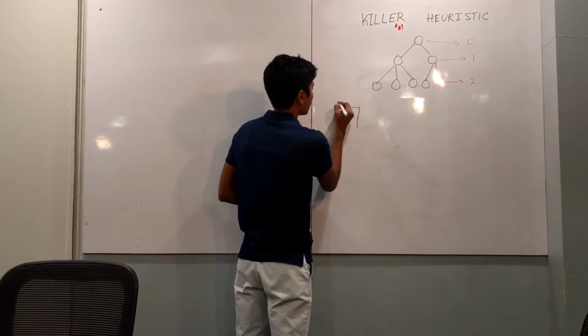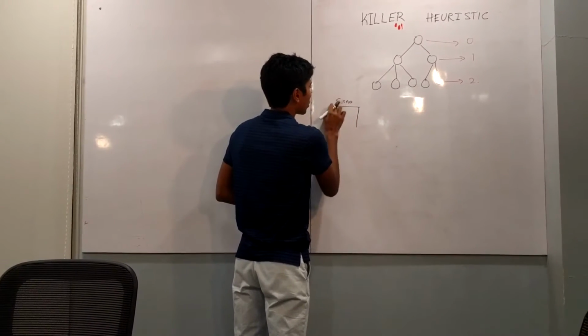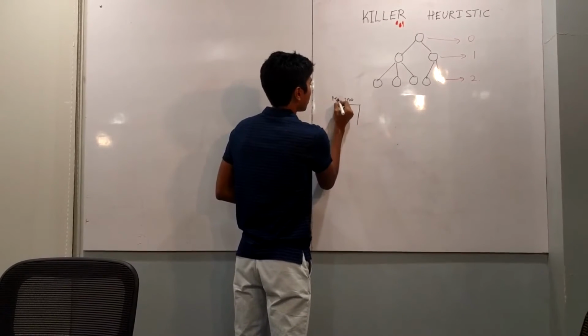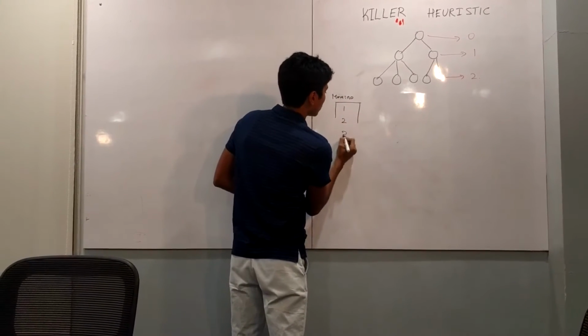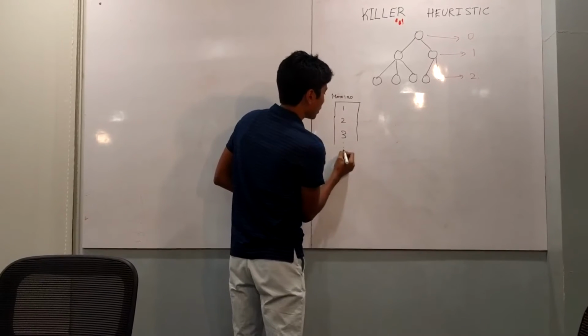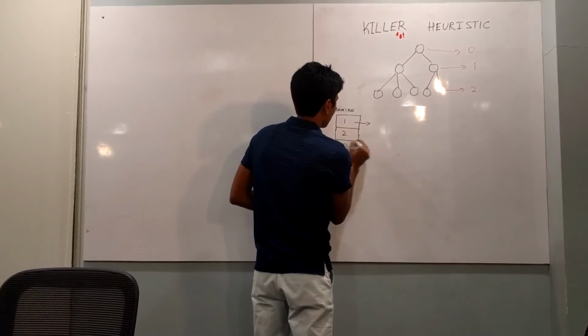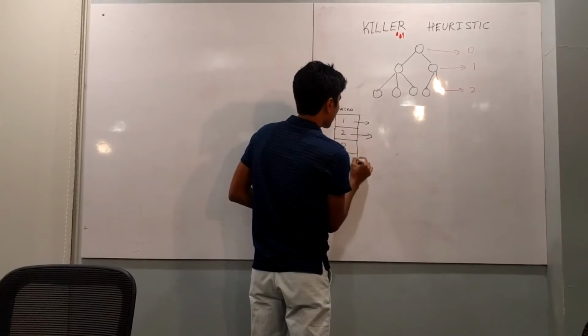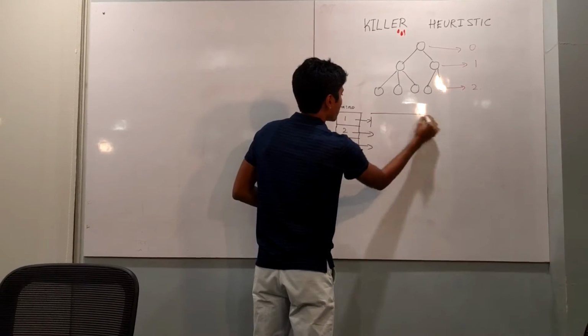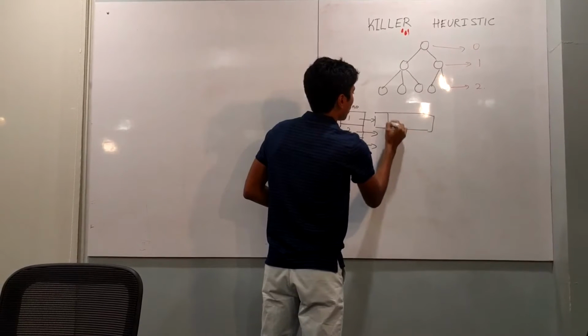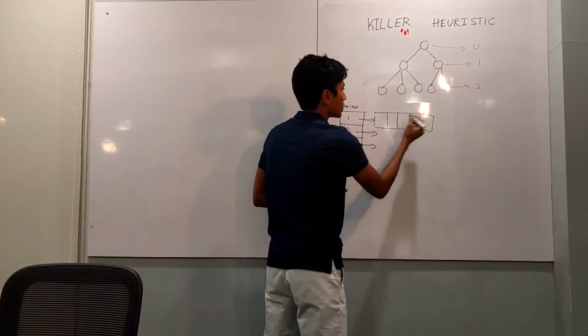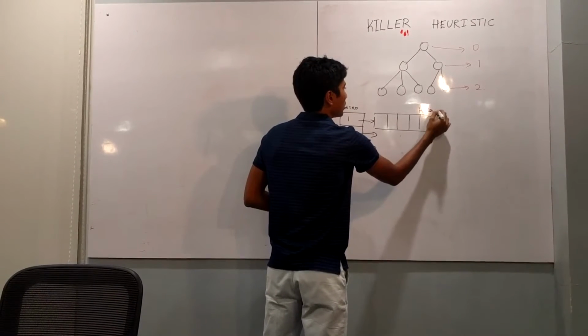You have a list which is serial number or move number, you can call it, of 1, 2, 3, and so on up to the depth that you want to search, and each index points to a list of moves, of killer moves actually. So this is a list of killer moves.